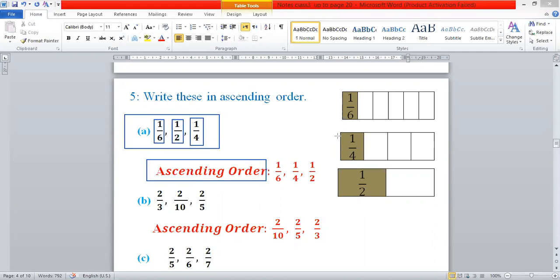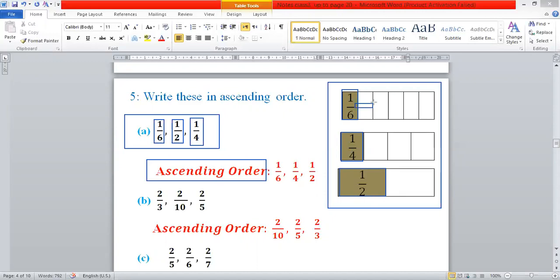Look at this diagram. These three rectangles have the same size, but when we divide the same rectangle into 6 equal parts, each portion is 1 over 6. This portion is covered by 1 over 6. This portion represents 1 over 4, and this portion represents 1 over 2.